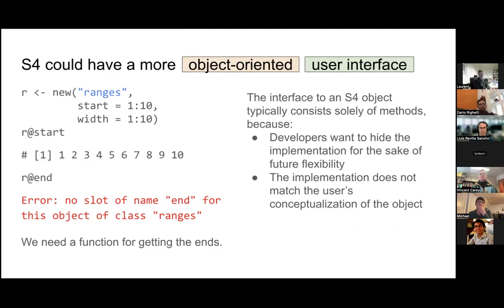One of the interesting things, when you think about the whole slot issue, is that this has been a thorn in our side for a while, because users would want to look at the structure of an object and would often be getting into the slots of the object rather than going through an abstraction layer.